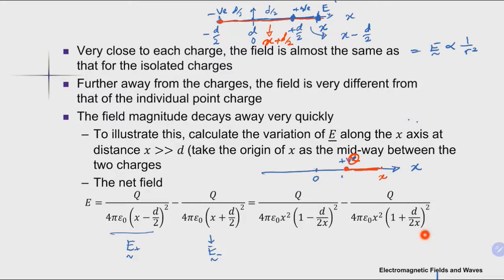X is coming from the origin to this point here. I want to work out what is the distance from this charge to x. And this distance here is d over 2. So this distance will be x minus d over 2. Okay, you follow? So my E field for my plus charge will be Q over 4 pi epsilon naught, and my distance will be (x minus d over 2) squared. Okay, so that's the electric field due to the positive charge.